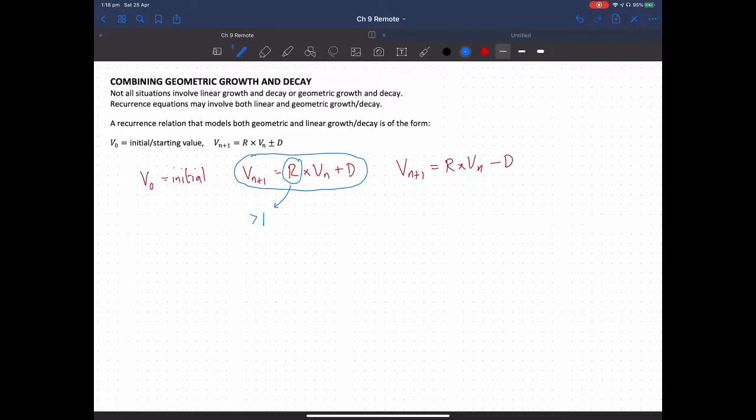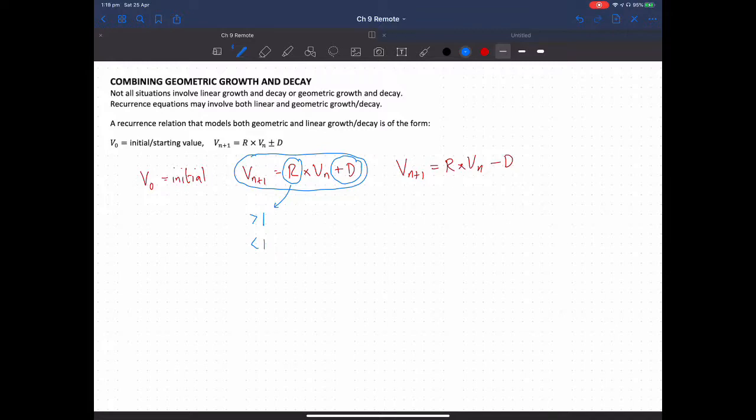If we were multiplying by a number which was less than 1, such as 0.5, then we are decreasing the value when we multiply Vn by that number. We're halving it. But there's a second component there, the plus D. This is where we're adding a number on.